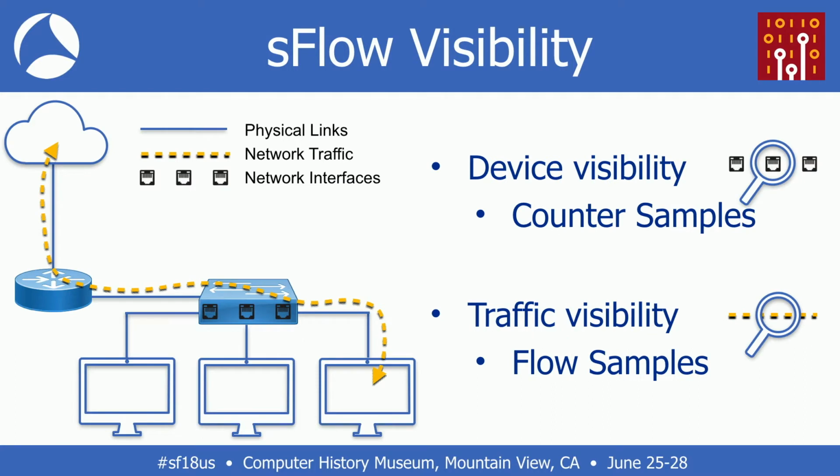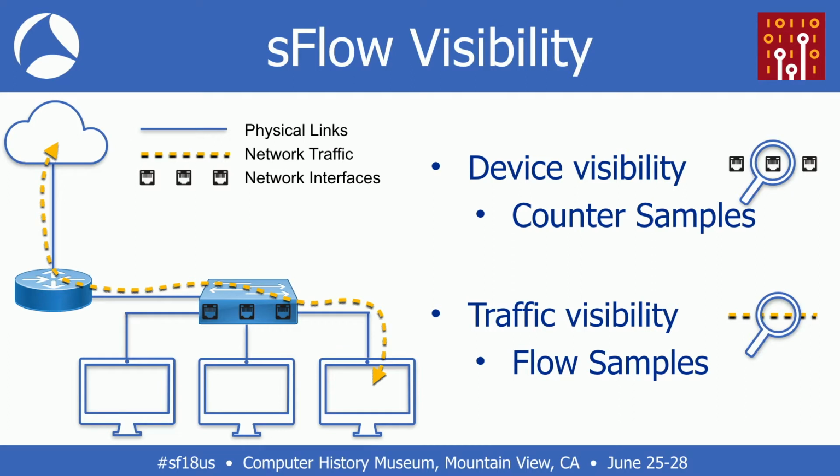But let's see a picture. Let's consider this simple network topology to understand the visibility that sFlow is able to provide. Here we have a switch, a router, the internet, and some hosts that are doing traffic. The switch that we can see in the middle of this picture is sFlow capable, and it provides us with counter samples and flow samples.